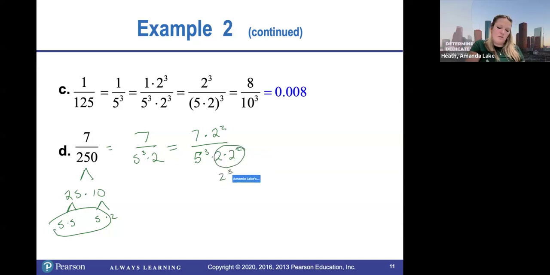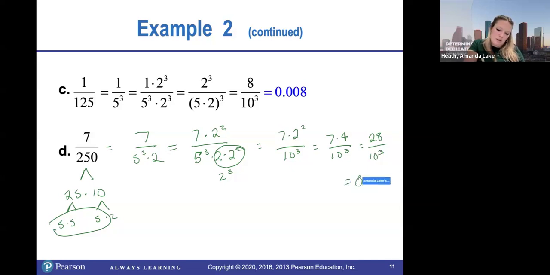So now I have 5 cubed times 2 cubed on the denominator, and 7 times 2 squared over 10 cubed. This is 7 times 4 over 10 cubed, which is 28 over 10 cubed. So 10 cubed tells me I'm in my 3rd decimal spot, 28 of those. So 2 hundredths, 8 thousandths, or 28 thousandths.